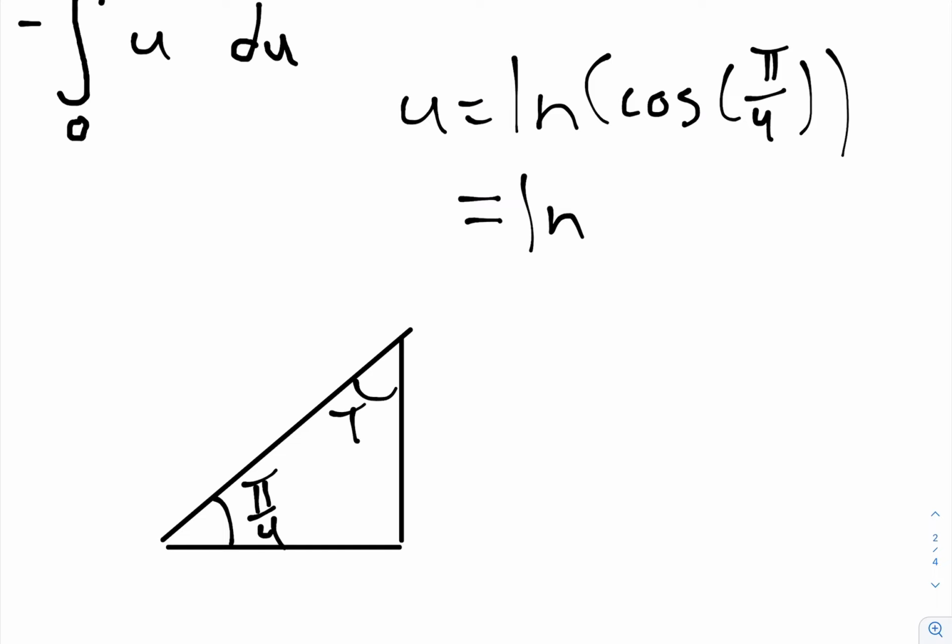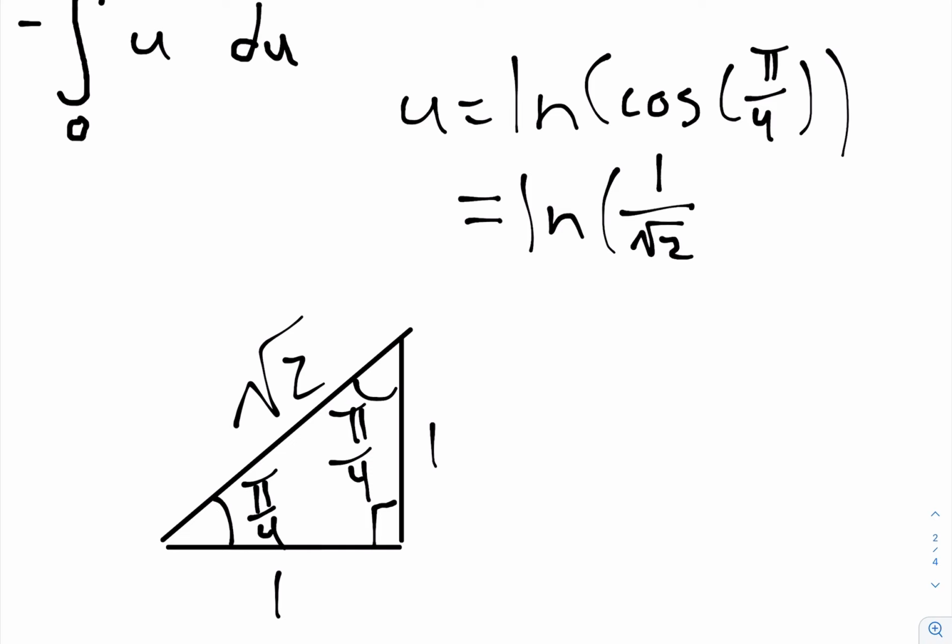Obviously, this would be pi over 4 as well, if we had a 90-degree triangle. This would be 1, 1, and root 2. So the cosine of pi over 4 would be the adjacent side over the hypotenuse. So it's going to be 1 over root 2, which is root 2 over 2. Or I'll actually write 1 over root 2. So it's the natural log of 1 over root 2.